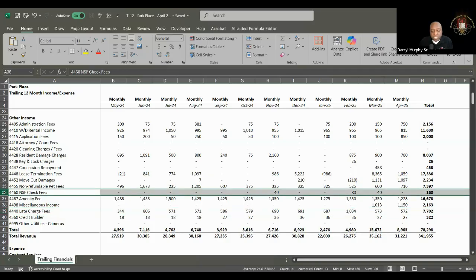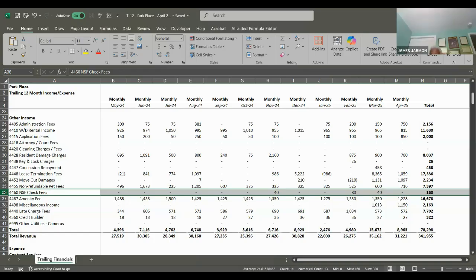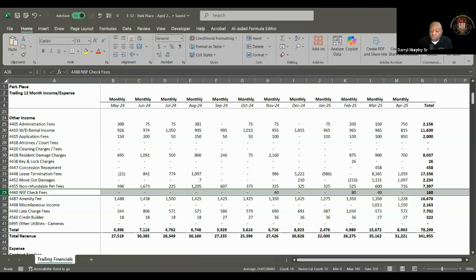So here too, insufficient check fees, right? I could tell you right now, that's going to be a zero. We take this property over, that's a zero. Why is it going to be a zero? How do you know it's going to be a zero, Dan? Because we're not going to accept checks. Everyone must pay through the system, and you'll have several ways of paying.